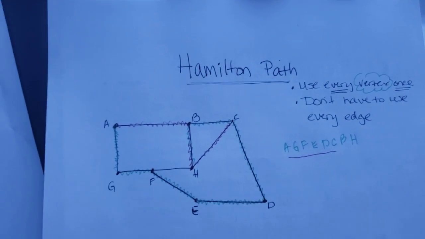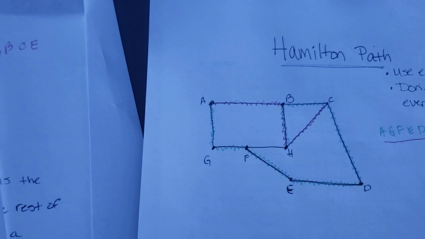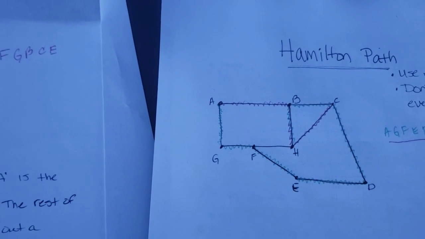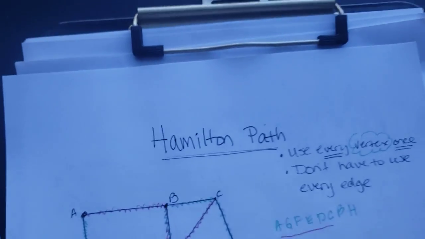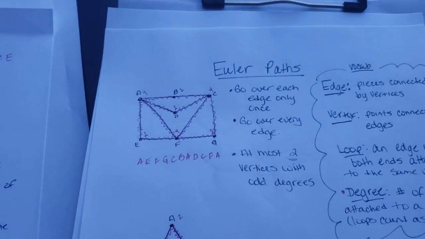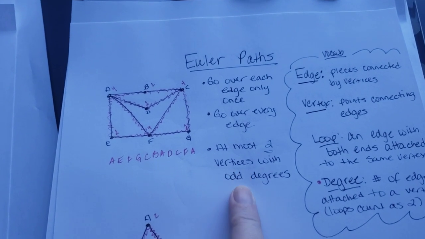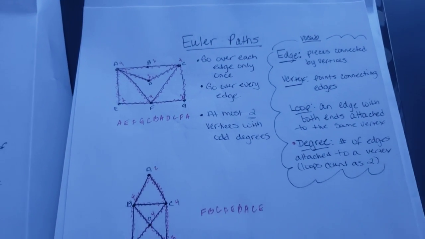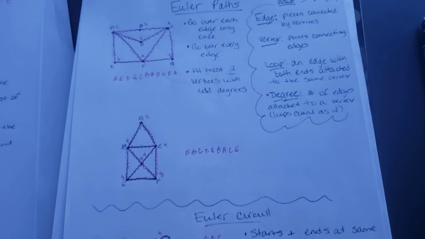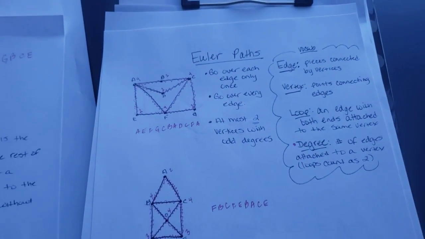You also need to be able to determine if something is an Euler path or an Euler circuit. So you definitely need to know about the degrees and vertices. And then you also need to be able to identify loops. So make sure you know what loops are.